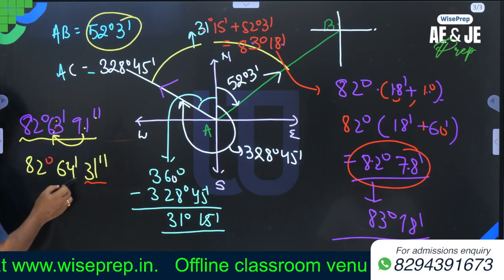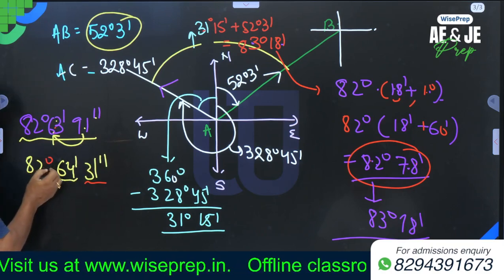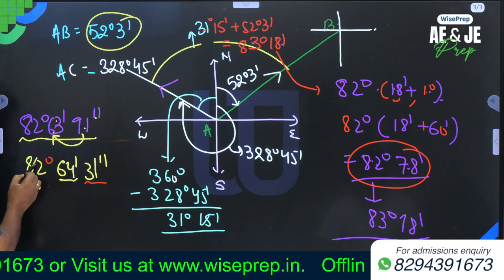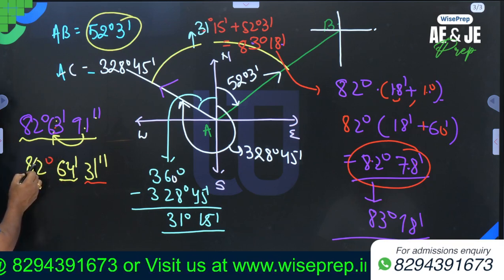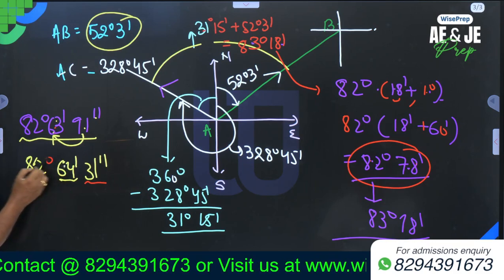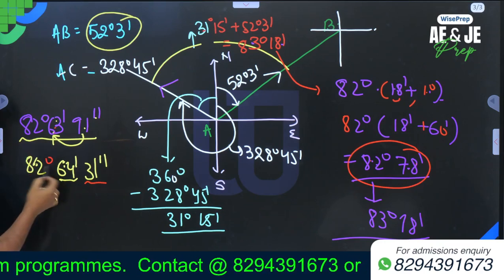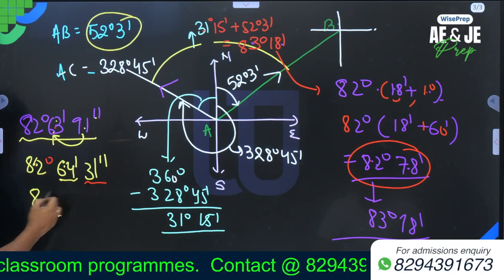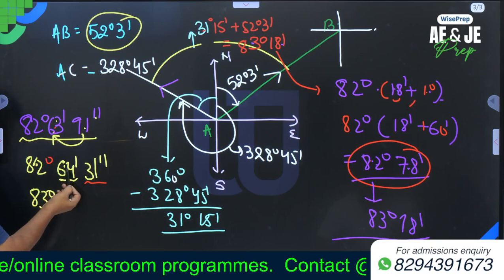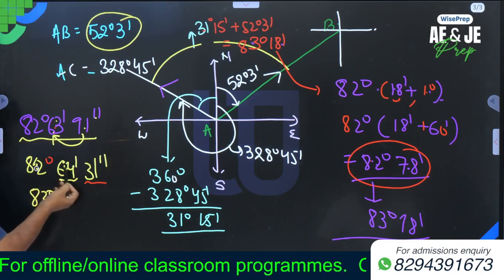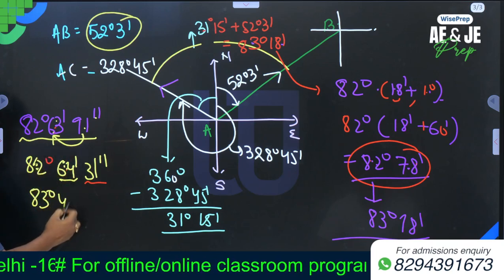But the minute is still more than 60. So when you give 60 minute to here, how much degree will it take? 1 degree. 82 degree plus 1 degree, 83 degree. When you will give 60 minute to here, how much minute will be left here? 4 minute.